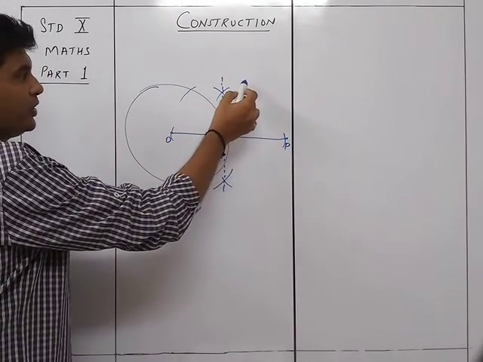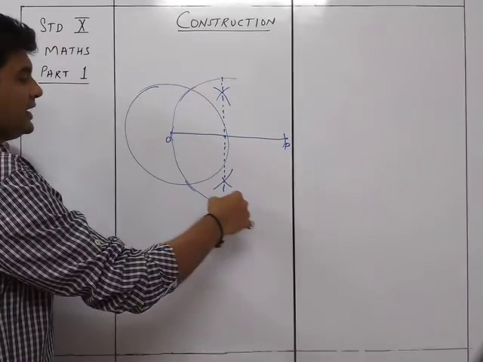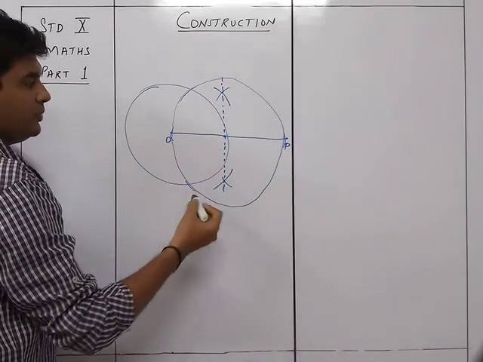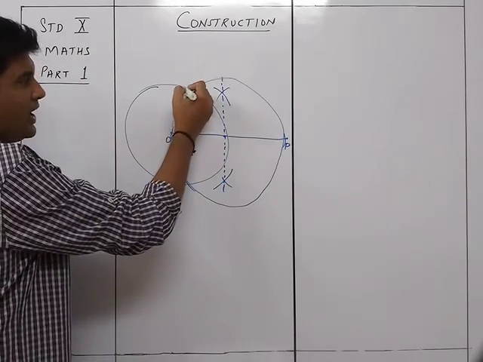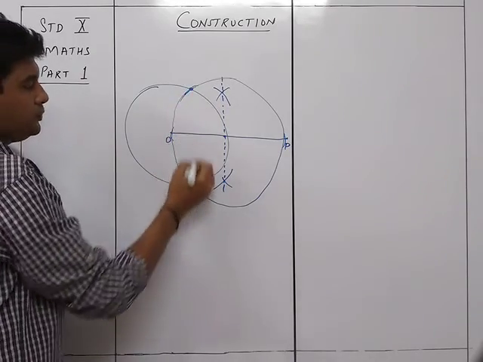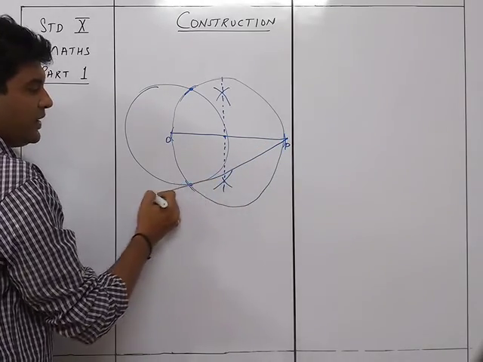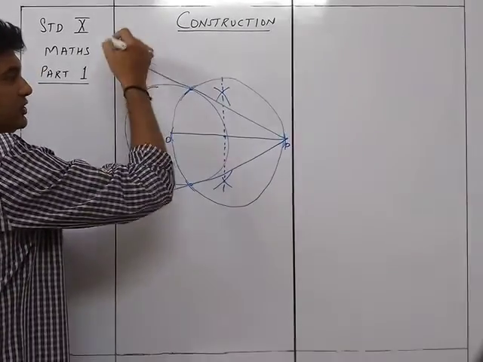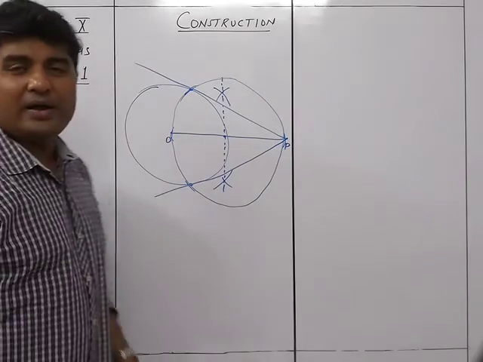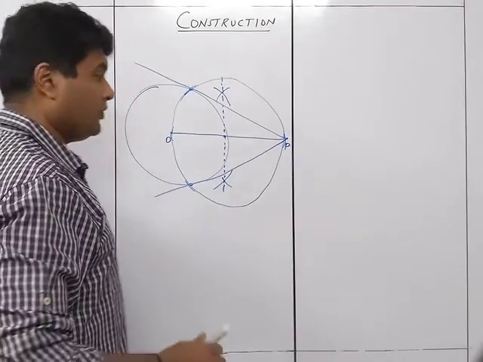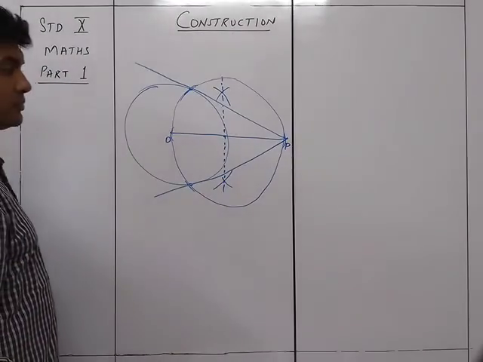Because if you draw a circle, it will be a circle like this. So we are going to just draw arcs, because we are interested in only this point and this point. And then you are just going to take a scale and join this point and join this point. So these are the required tangents from a point outside the circle.